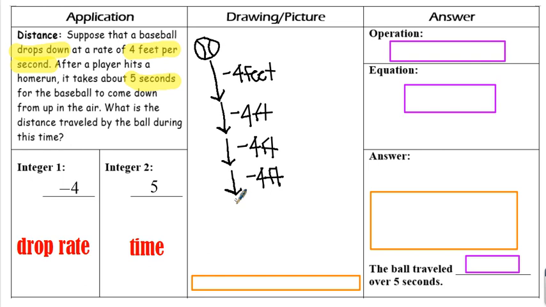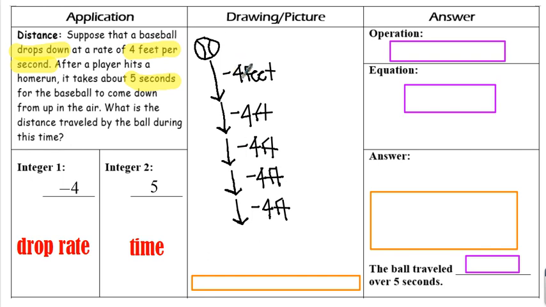And then we're going to go one more, because we know that the ball is traveling for 5 seconds. And that's another 4 feet. So after 1 second, 4 feet, after 2 seconds, another 4 feet, after 3 seconds, another 4 feet, after 4 seconds, another 4 feet, and after 5 seconds, it dropped another 4 feet. And again, we're doing this for 5 seconds.